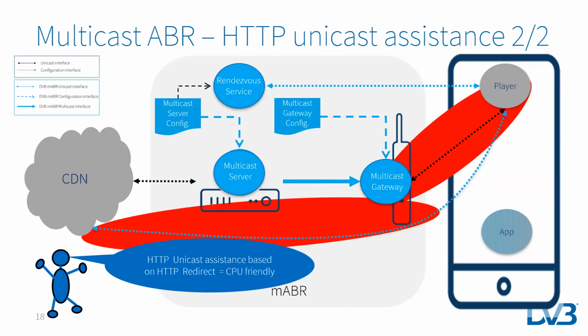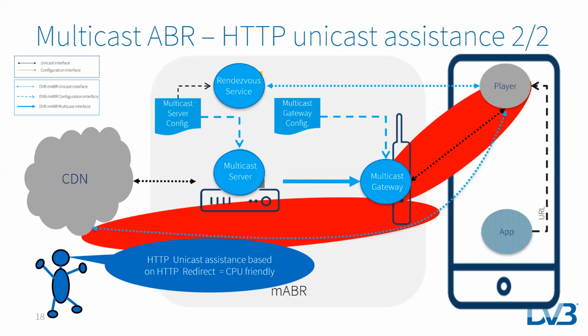There is a second mechanism that also provides the same HTTP unicast assistance, that is to go through the player. For some time, the multicast gateway may not have sufficient resources, CPU resources, for example, to do this proxy work of getting the segments and forwarding them. If it does not have the resources, there is a possibility to operate HTTP redirect. So let's see what is going on.